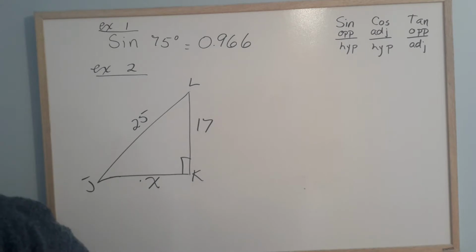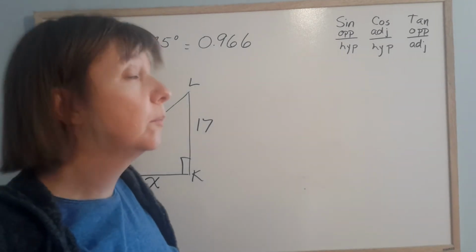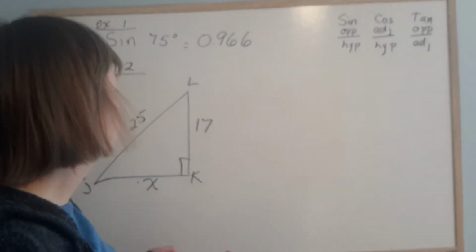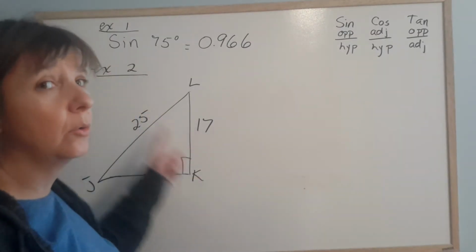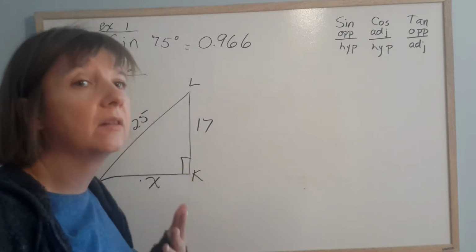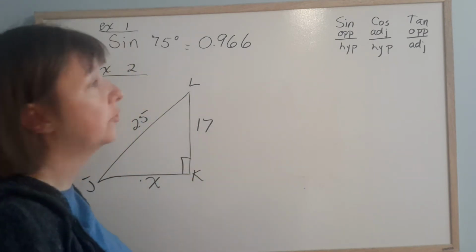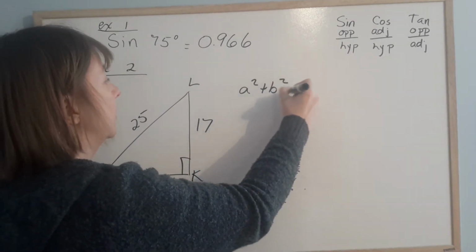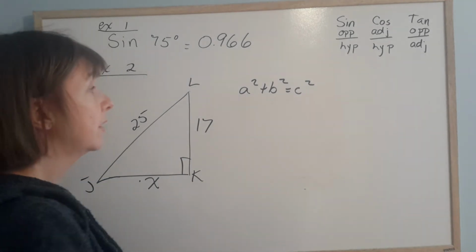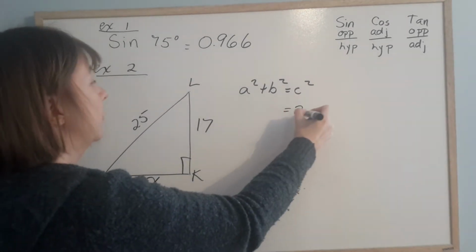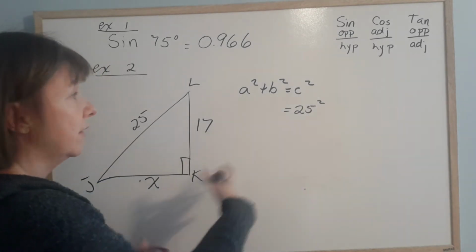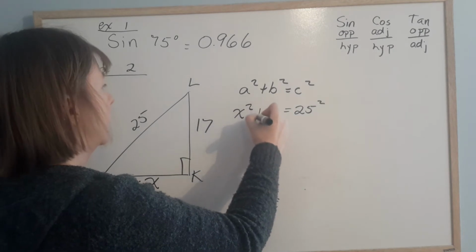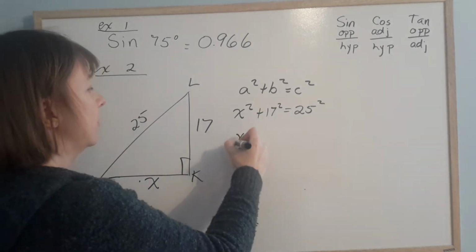There's a couple of ways you could do this. This is what I like about trig. You have options. To me, the easiest thing is in this one, I actually know two sides. So the easy way to do it is to just do Pythagorean theorem, right? a squared plus b squared equals c squared. Remember that c is always your hypotenuse, so it's going to be the 25. And the other two sides are the other two sides. So it would be x squared plus 17 squared equals 25 squared.